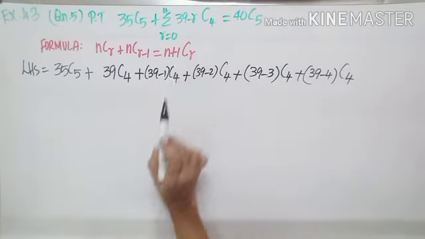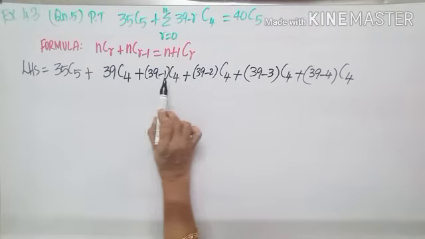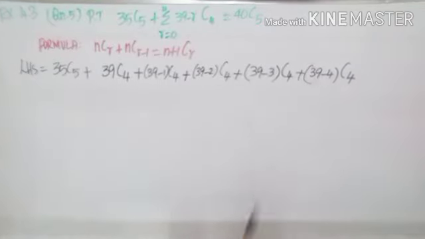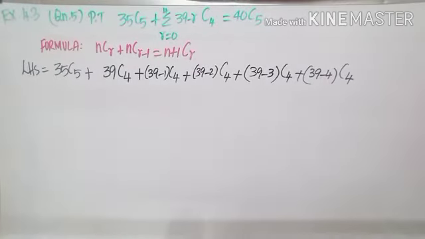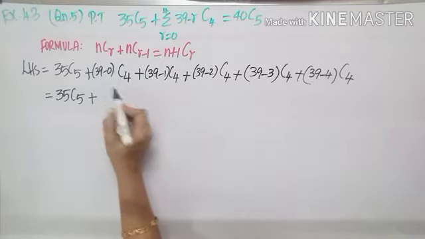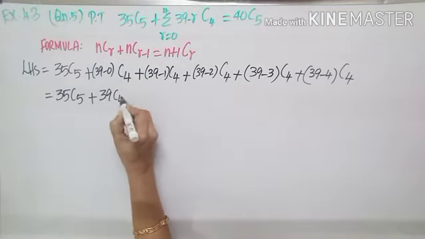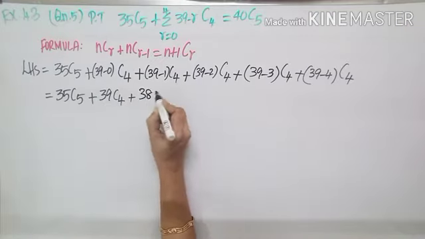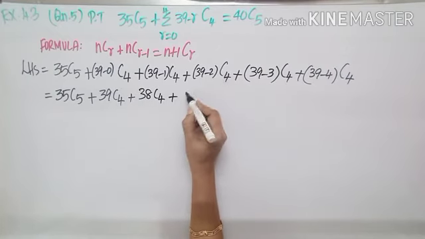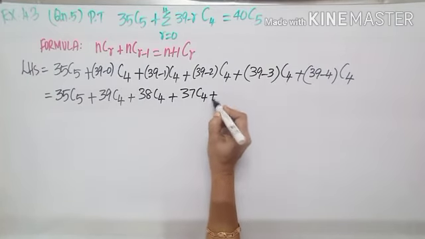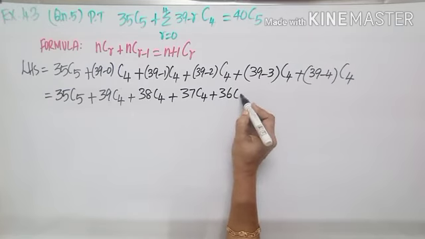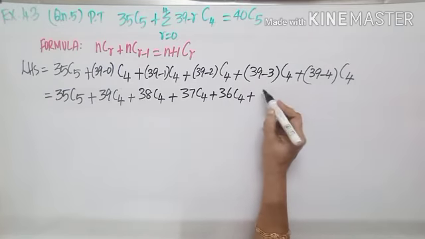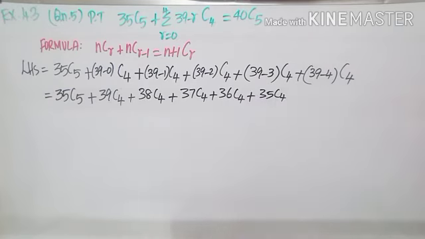So in the place of R we put 0, 1, 2, 3, 4. Simplify the steps. 39C4, 38C4, 37C4, 36C4 plus 35C4.